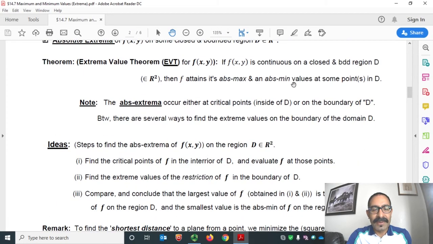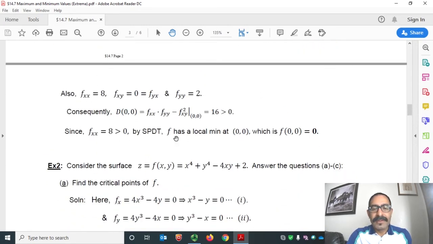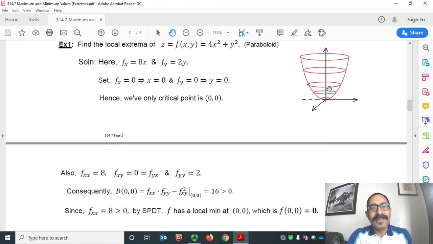So f has a local minimum at (0, 0), and f(0, 0) gives us the value 0. So this verifies the graph also, right? I hope it makes sense to you all. Now let's move on.